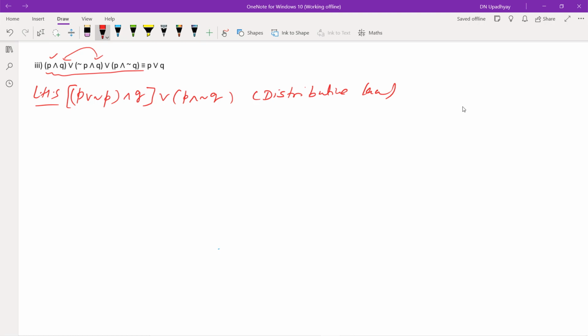See, Q is common, so we took it out. So how to write this? P or negation P, see, Q we took outside, and there is a main, we have to use outer connector. So or is there, we have to write or here, and inner connector will be the outer connector. So P or negation P and Q, right? So what is the value? P or negation P is nothing but T. This is the value.